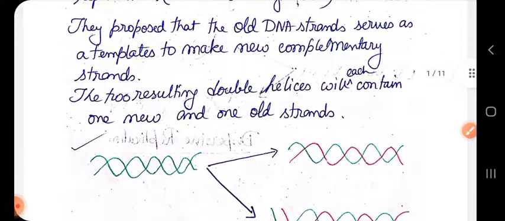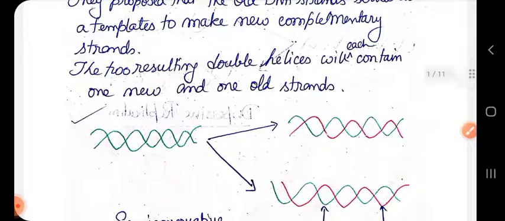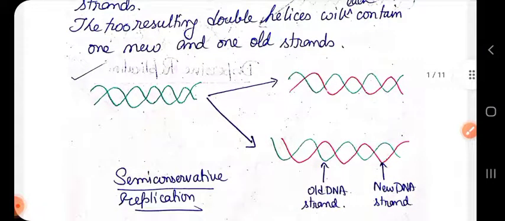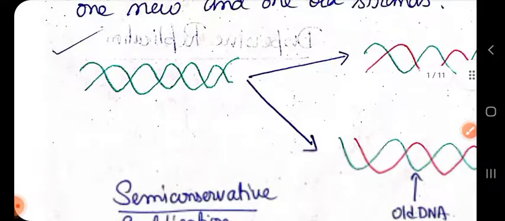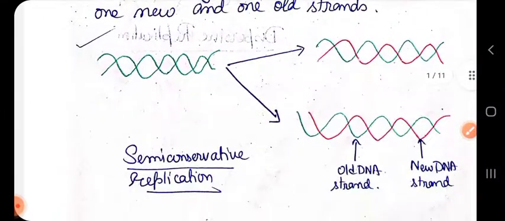Now the two resulting double helices will contain one new and one old strand. If this is the model of DNA, shown in green in a simple way, after replication it will look like this, where the red line indicates the newly formed daughter DNA strand and the old strand. This nature of DNA replication is known as the semi-conservative nature of DNA replication.